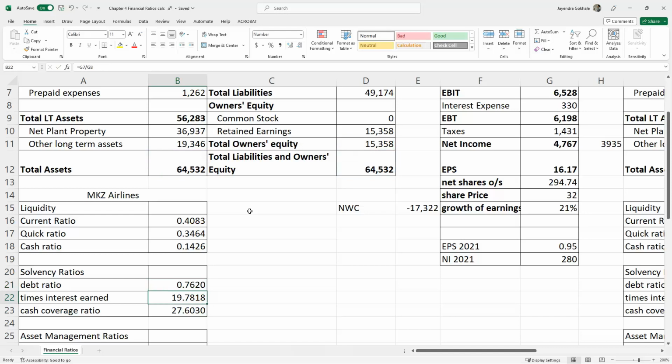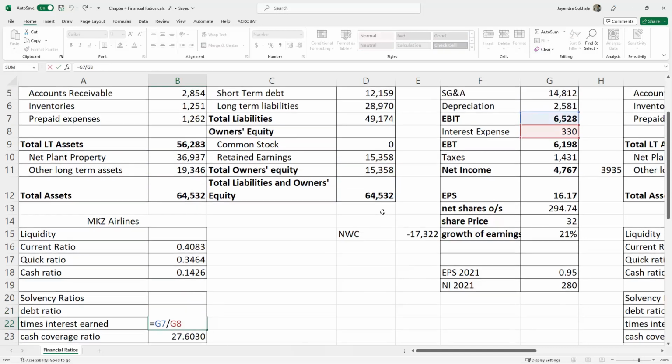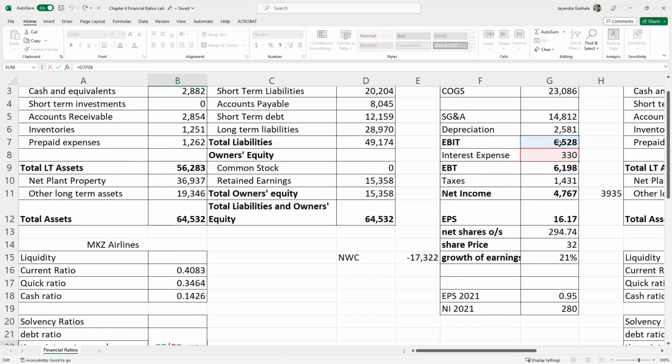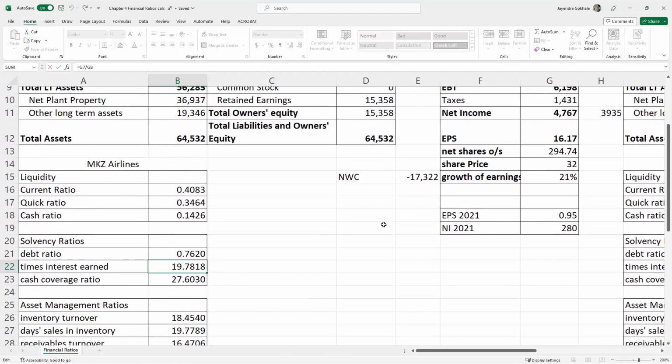The next one is times interest earned, which is EBIT divided by interest expense, and like we said, it's way higher than 1. So the ability of a firm to service its debt obligation is very high, and less than 1 could basically imply a lot of trouble for the firm, right? If you cannot pay your interest, the bondholders and lenders will be knocking at your door asking for their money.